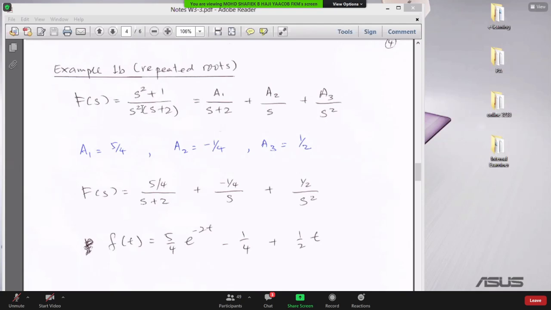Similarly, if you have double roots in the s plus 2 here, let's say s plus 2 squared, then you have a1 divided by s plus 2, and then there's another coefficient divided by s plus 2 squared. So that is how you decompose when you have a repeated root. See, mathematicians love all that.